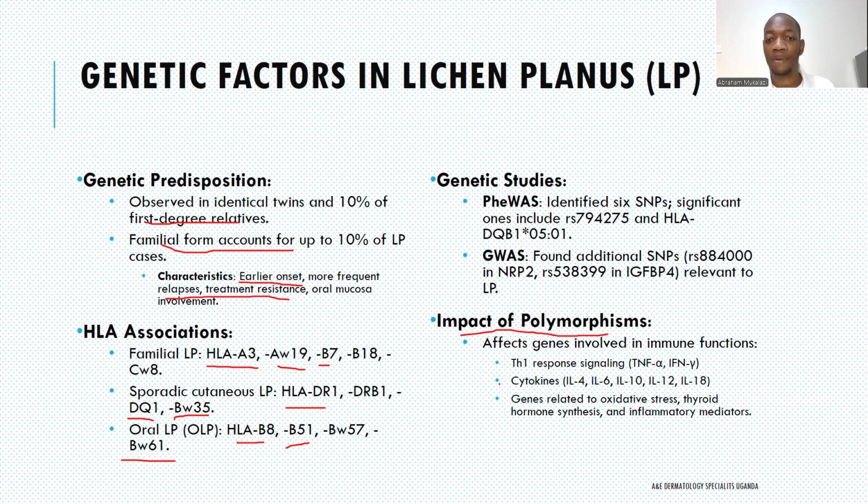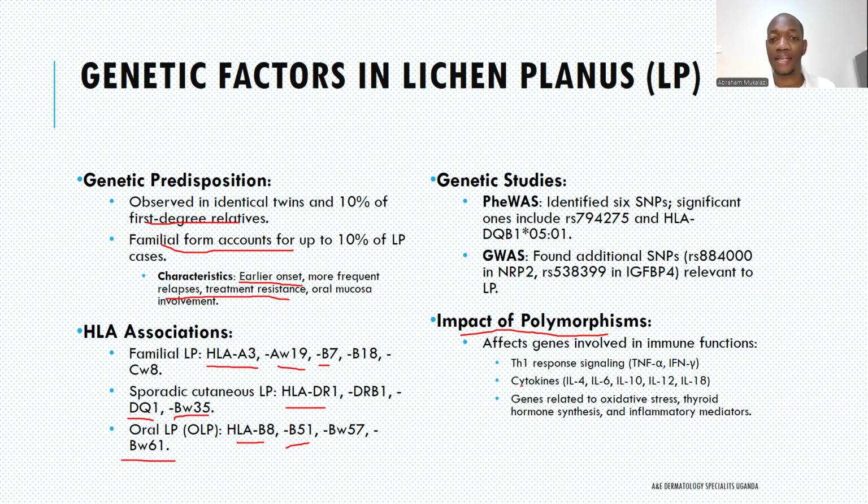For example, if you're looking at the cytochrome system, you may find that the genes for cytochrome proteins vary across different individuals. That's why you end up having what we call rapid metabolizers, slow metabolizers, and intermediate metabolizers. So you give the same medicine, but the body processes the medicine differently because of the difference in the genes that the individual carries. So that's what we call polymorphism.